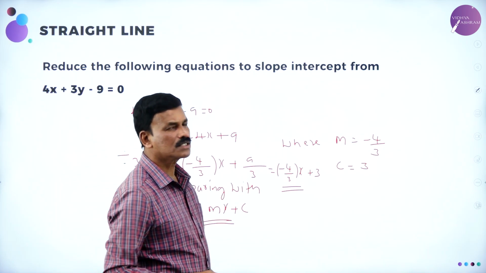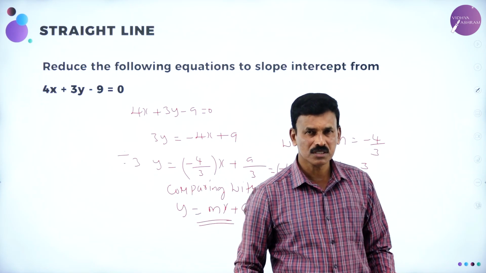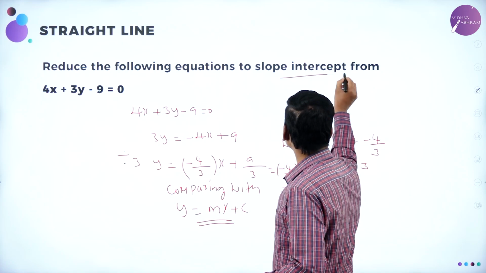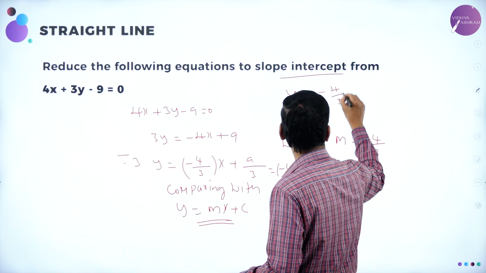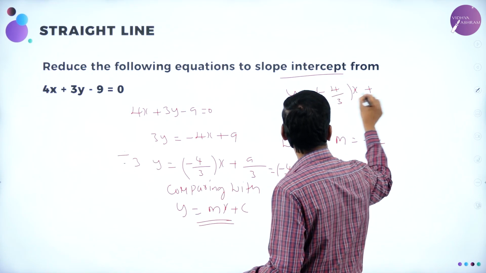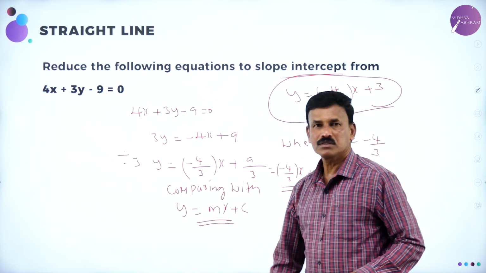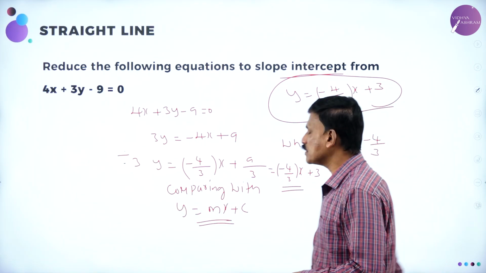So m is equal to minus 4 by 3 and c is equal to 3, which is the required answer. Therefore, the slope-intercept form of the line is y is equal to minus 4 by 3 into x plus 3. Slope is minus 4 by 3 and intercept is 3.